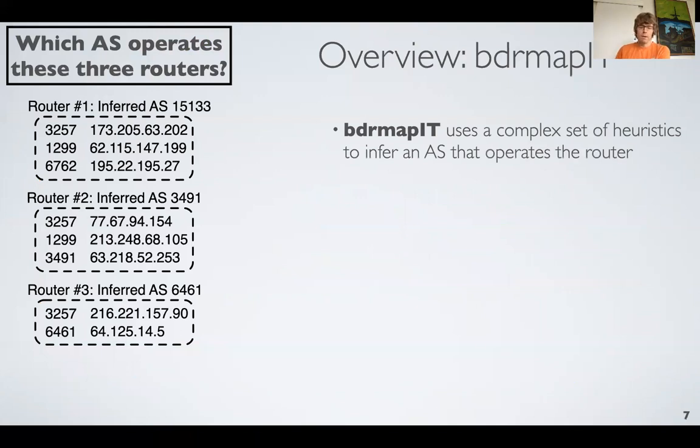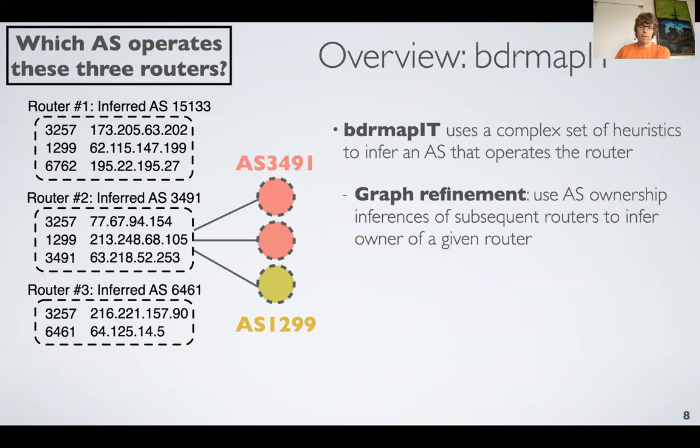So bdrmapIT, one of the heuristic methods, uses a complex set of heuristics to infer the AS that operates the router. And they are basically formed into 2 groups. There is a graph refinement stage, where what bdrmapIT primarily uses is the AS ownership inferences of subsequent routers adjacent to the router in traceroute to reason about, in this case, router 2.